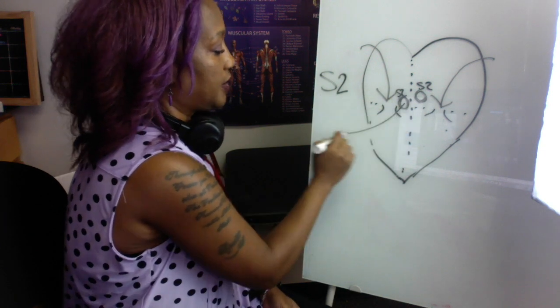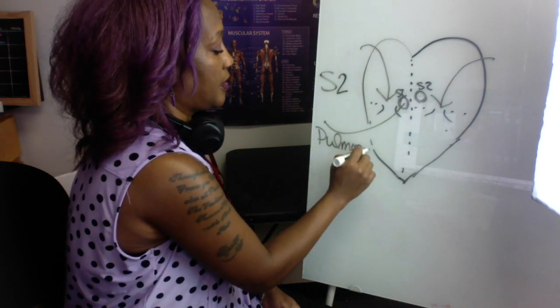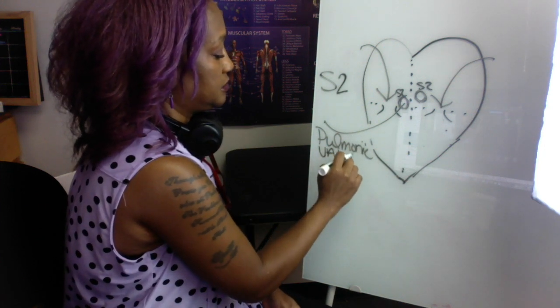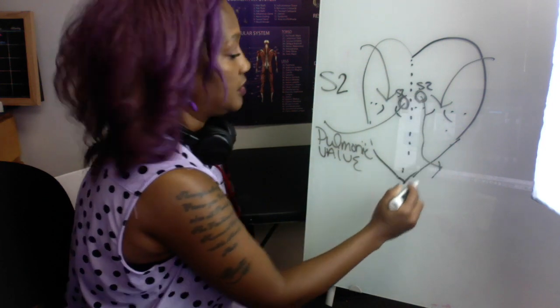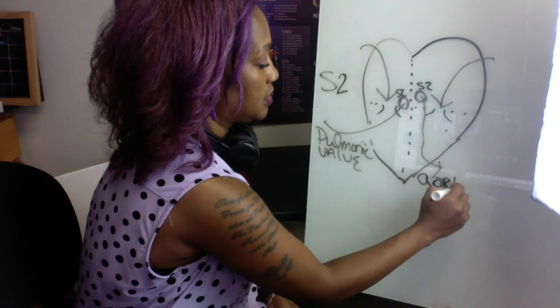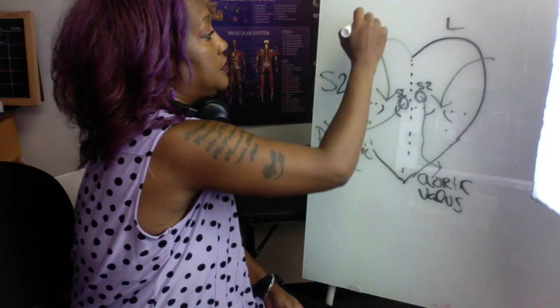And what is this over here? The pulmonic valve. And on this side, if you can see that, yes, we have the aortic valve. And remember, left, right.